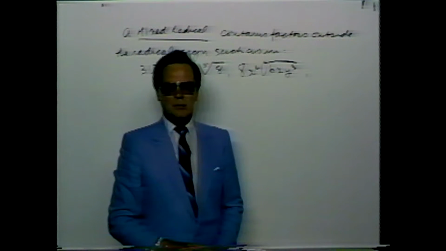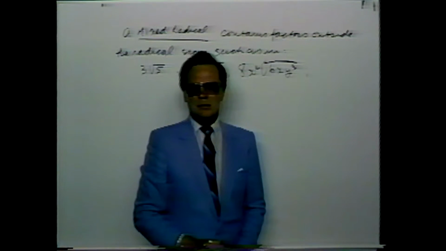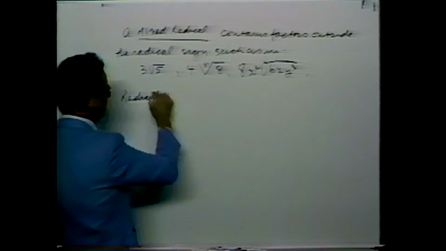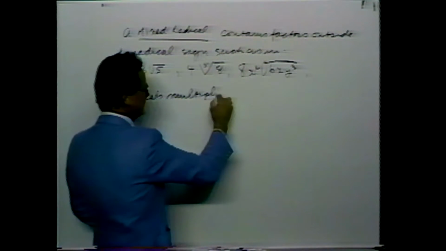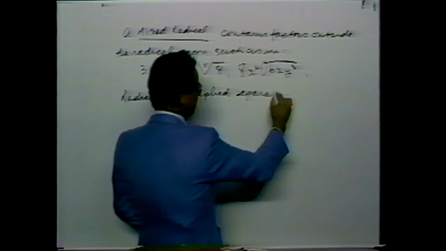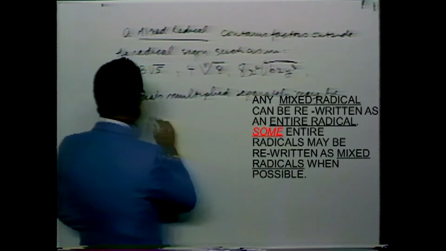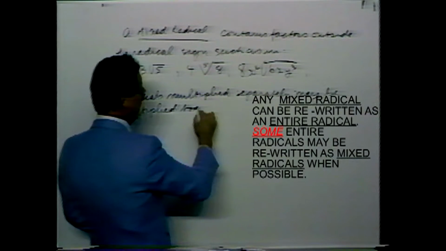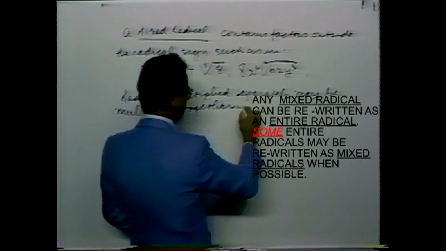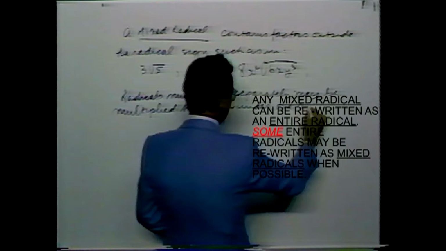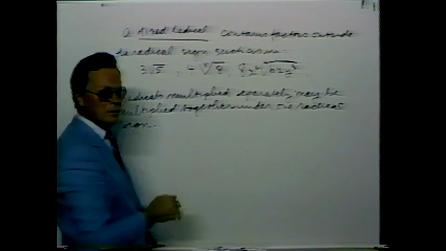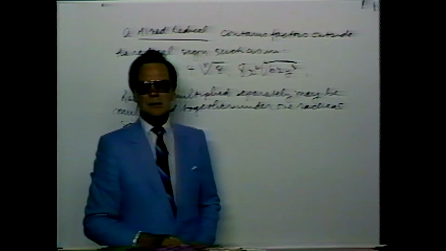Of course, the whole thing is a radical expression, but we can see that this is a mixed radical. Radicals that are multiplied separately may be multiplied together under one radical sign. There is one proviso regarding that statement.